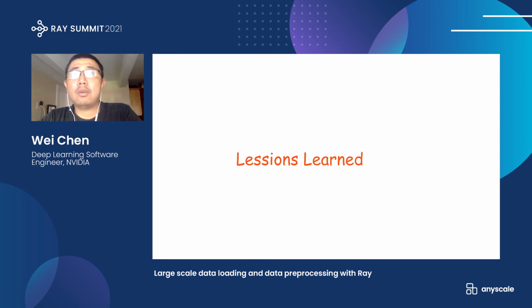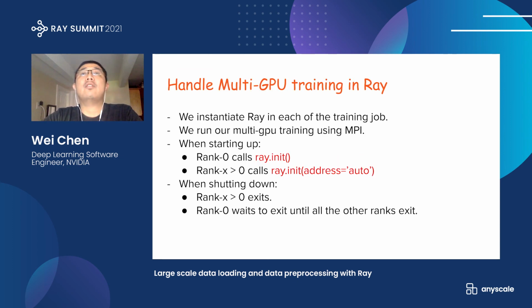So next I want to share some lessons we learned in the process of developing the Ray-based data loader and switching to the Ray-based data loader engine. First of all, a very interesting topic is how to handle multi-GPU training in Ray. At one point I asked this question, and the Ray developers gave us some very nice answers.